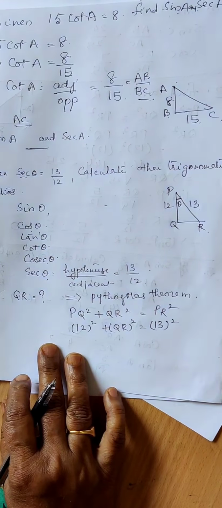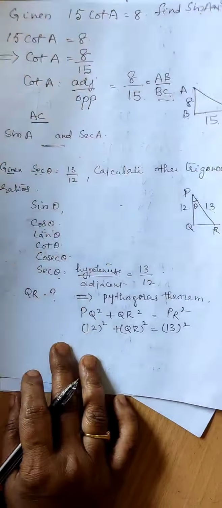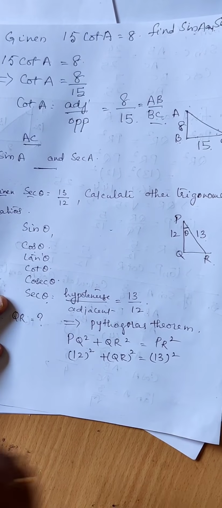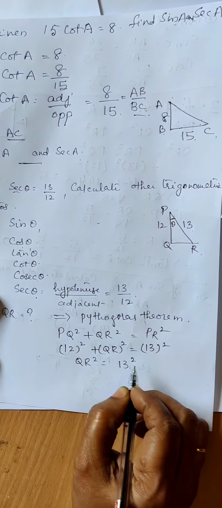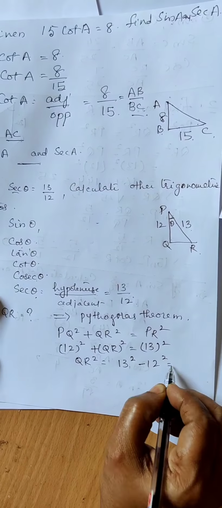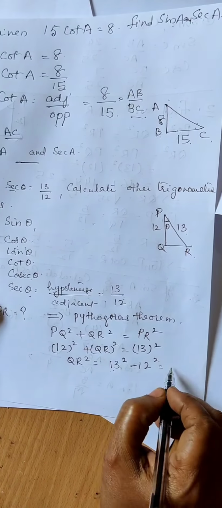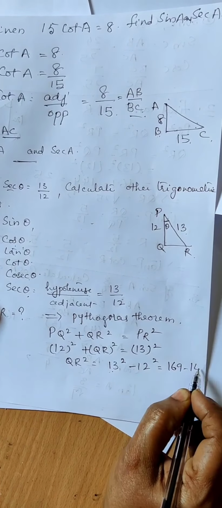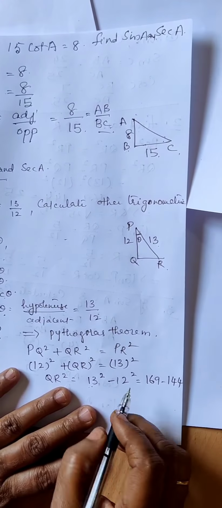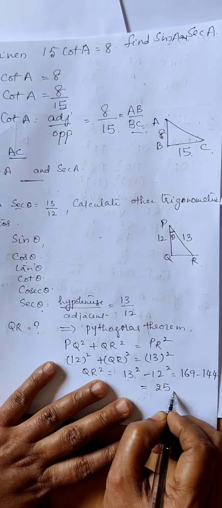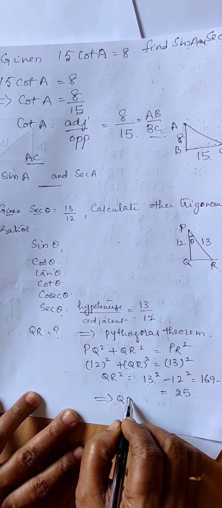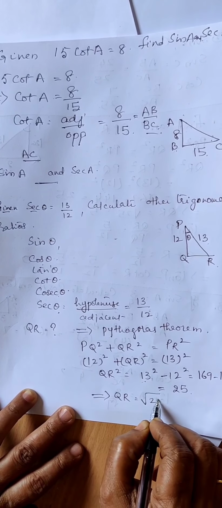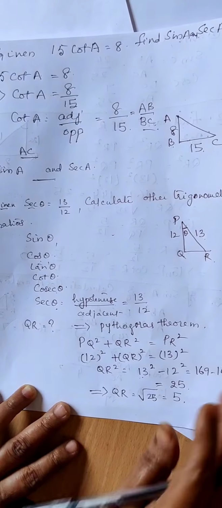Now, what is QR square? QR square means 13 square minus 12 square, that is 169 minus 144. That means this is equal to 25. So this implies QR is equal to root of 25 is equal to 5.